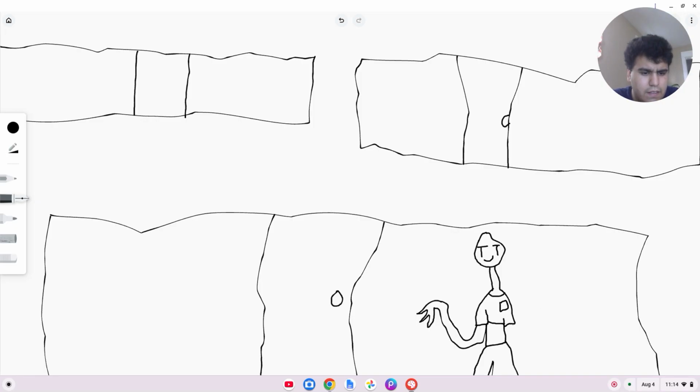Now I'm gonna draw the other side of the hands. Here we go. Now on the other side, I'm gonna do the same thing, but I'm gonna draw another character.